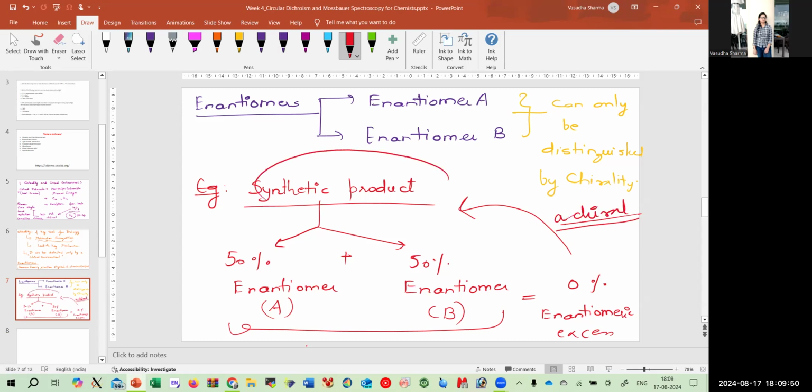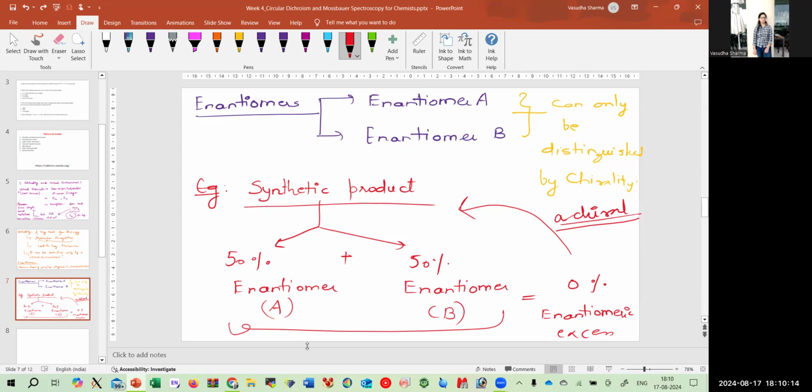So even if your product has enantiomers, as a totality it becomes achiral, because both the enantiomers A and B are present in 50-50 proportion.